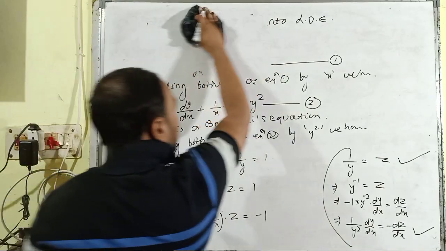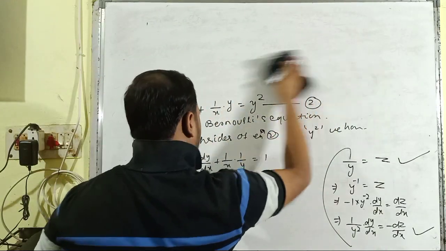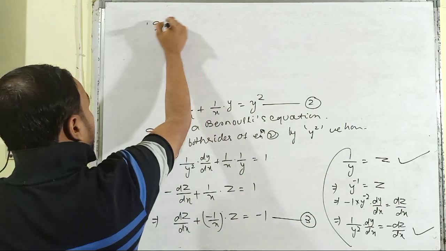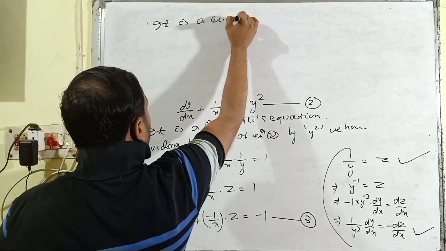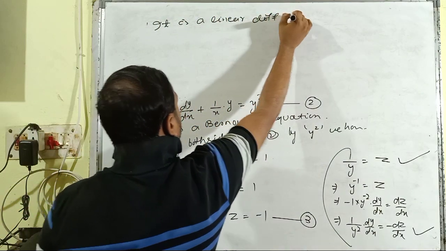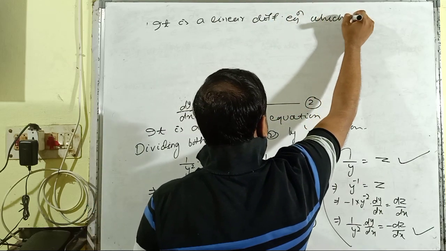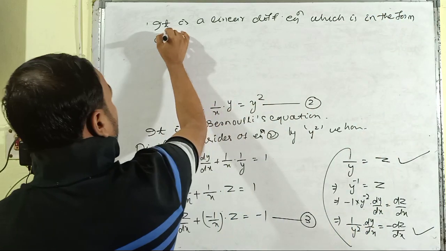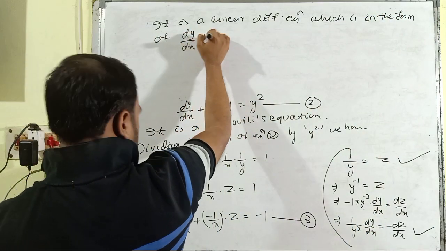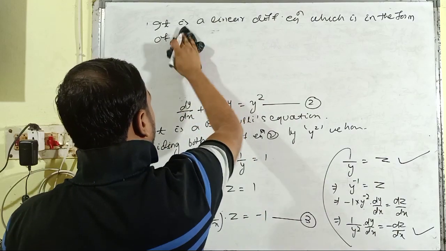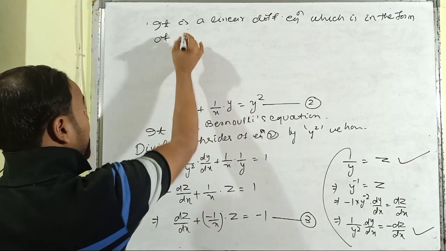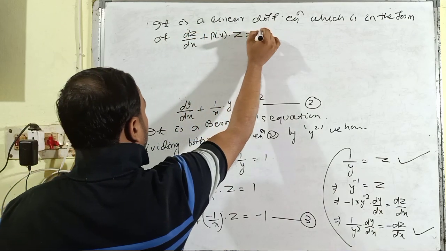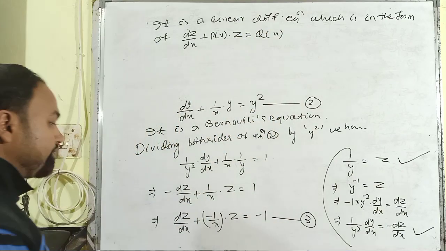Now you can see that this is in the form of a linear differential equation. It is equation number 3. It is a linear differential equation, and in the variable z it is dz upon dx plus p of x multiplied with z is equal to q of x.